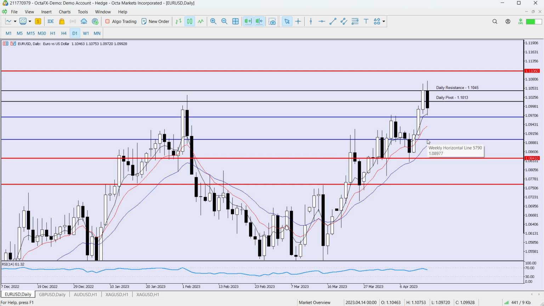See, 1.0897, and it will come around this area, and then again it will bounce to the supply zone. It will try maybe 2 more times to break this level, and let us see how. This is the analysis so far, so you can expect this way for the coming week.